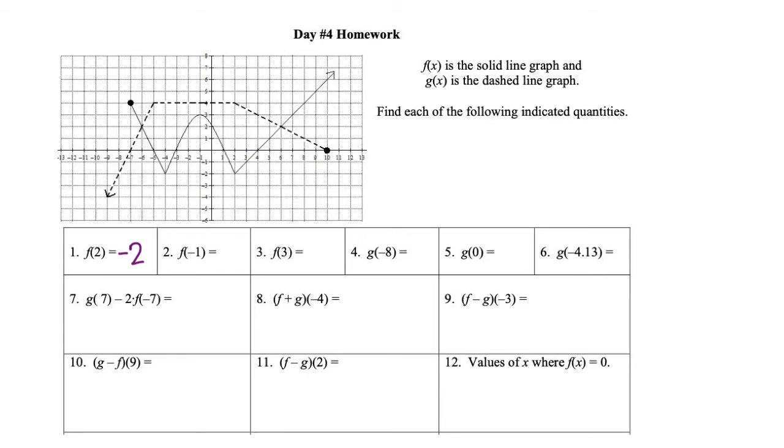Number 2, f at -1 is 3. F at 3 is -1. Number 4 is negative 2. Number 5 is 4.